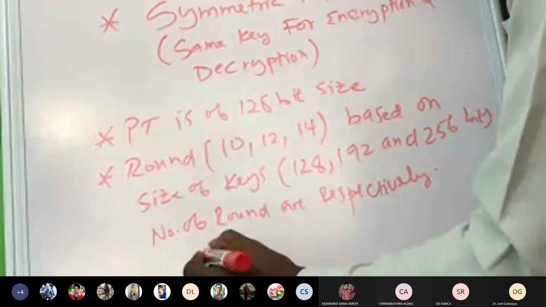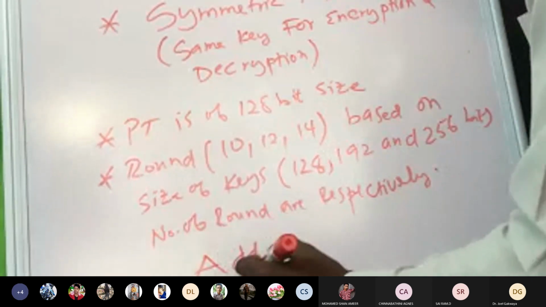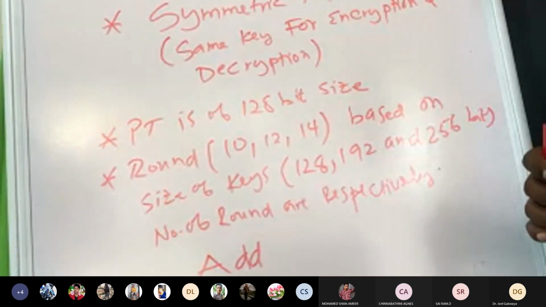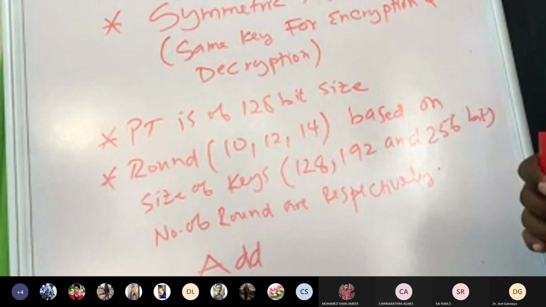We have seen that we use something called add round key as the first step.